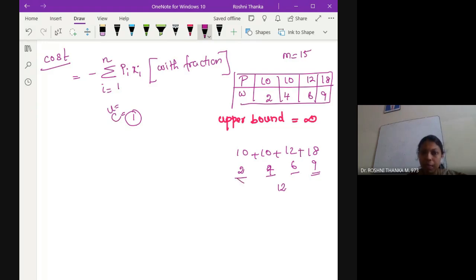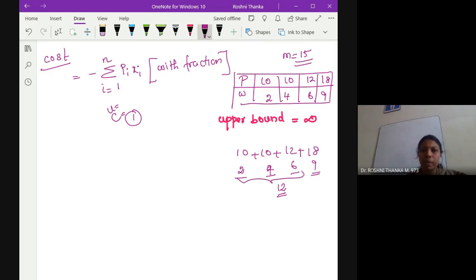With these 3 items it becomes 12, so I cannot add this 9 to the 12, because the maximum size of our knapsack is 15 only. So I can take 2 plus 4 plus 6, that is 12, and I cannot consider this 9.